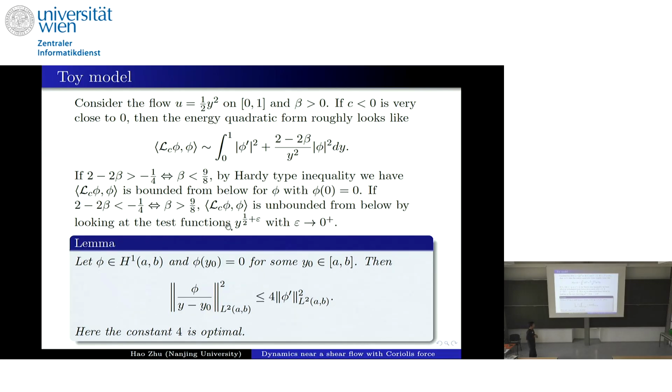So the critical point comes from the optimal constant in the Hardy inequality. Exactly, if beta is larger than this critical value, then we can take a series of test functions such that the energy conservative form goes to negative infinity.